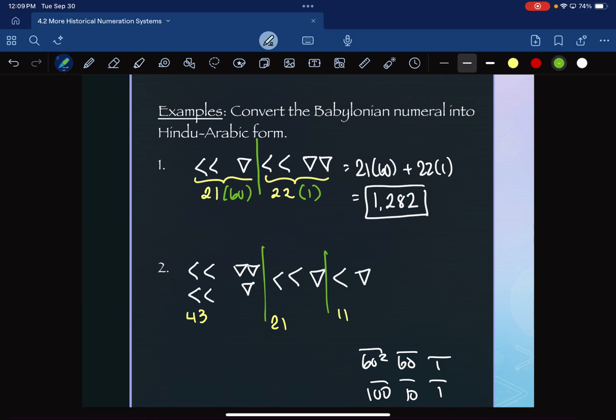Again, we're in the ones place on the far right, 60's in the middle, and then the far left this time is 60 squared. So you're going to grab a calculator and take 43 times 60 squared, or you can do 60 times 60, 21 times the 60, and then 11 times 1.